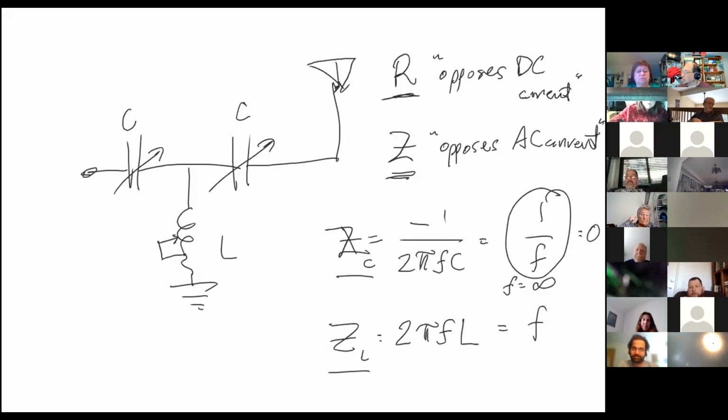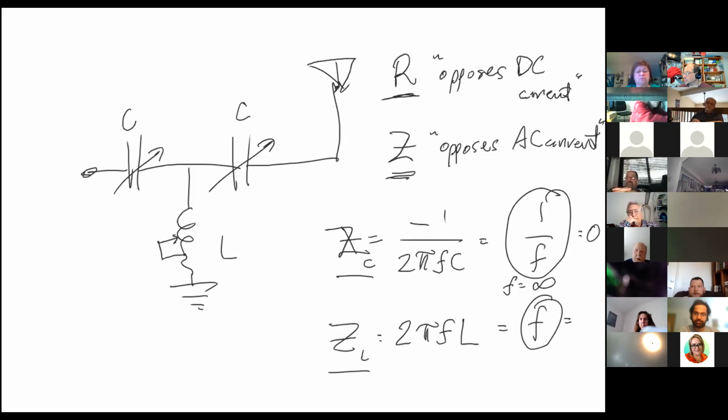What happens if I have F and F is going up to infinity? What does the value become? Infinity. If I have F going to 0 instead, which is going to DC, what is 1 divided by 0? Infinity. And what's 0?